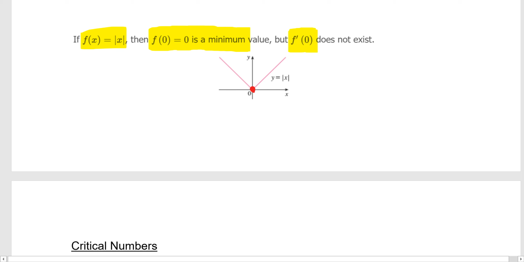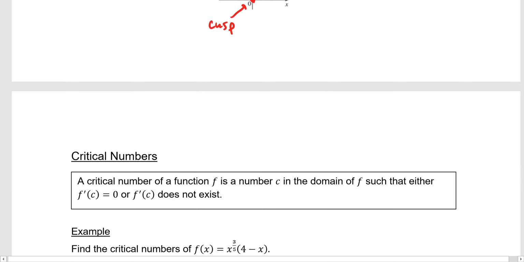That is because f prime of 0 actually does not exist, because there is a cusp at that value. Remember, a cusp is a sharp point, a sharp turn. A cusp means that the derivative does not exist at that point. So you have to be a little bit careful with that theorem.